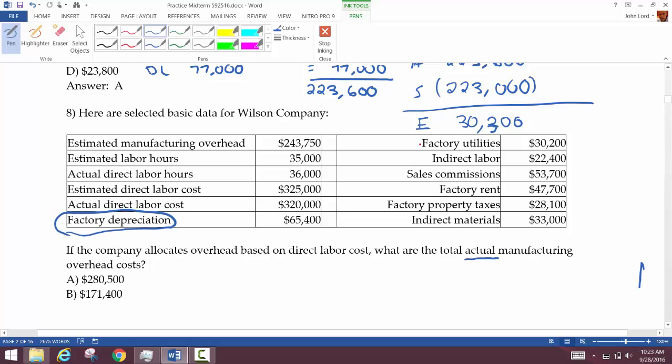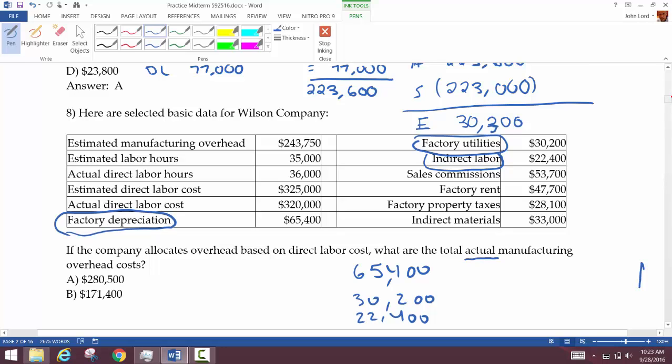So you got depreciation, so just write down that 65,400. Good. Then you got the factory utilities of 30,200. Beautiful. Then we've got the indirect labor, good. That's 22.4. Any other ones?